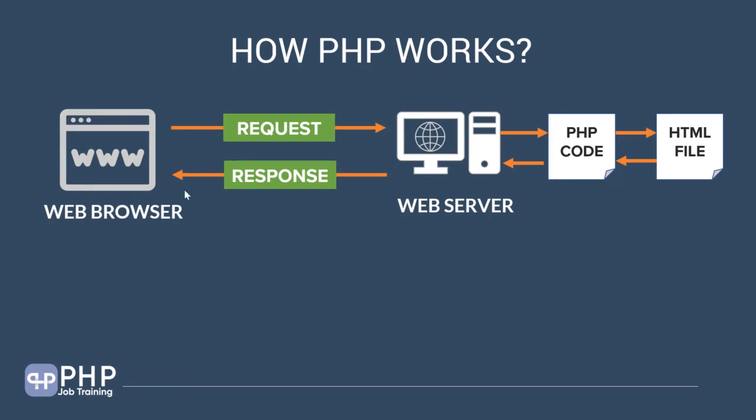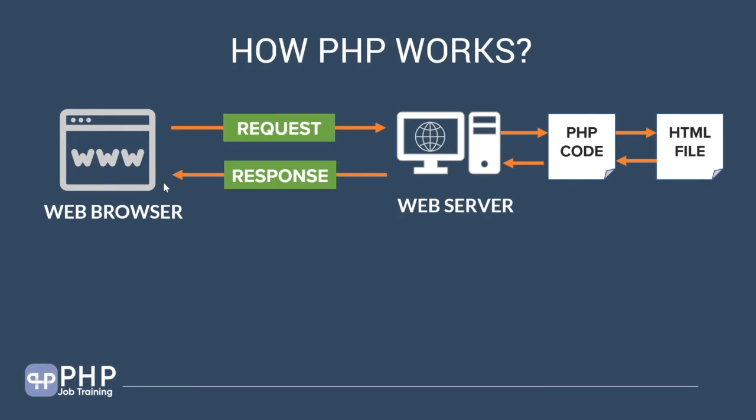If you give the PHP to the web browser to execute, it doesn't really understand it, because PHP is a server-side code and PHP is interpreted by the server and converted into HTML code. Whatever code you write in the PHP code is converted into HTML, and that HTML content is given to the web browser so that the web browser can display it.